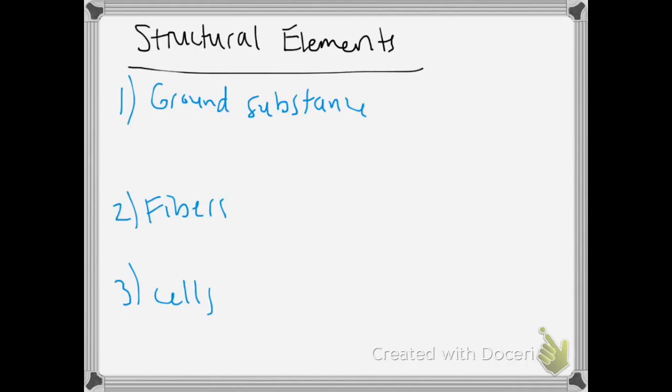Alright, so when we're looking at these common things in connective tissues, these similarities in their structure, we have these structural elements. So the first one is this ground substance. This ground substance is made up of 2 things. So we've got this background fluid, and we also have proteoglycan. So these are different than glycoproteins.